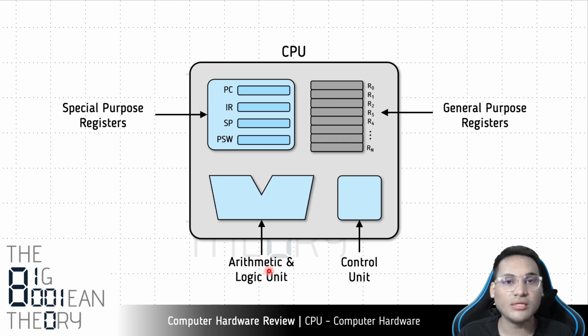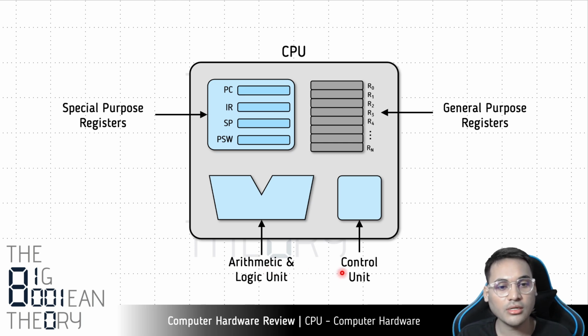That way could be an arithmetic operation like addition, subtraction, division, multiplication, or it could be a logic operation like and, or, not. So a lot of operations in these instructions are arithmetic and logical. This is the unit where those operations are performed, and it takes some operands and combines them to produce a new result. So this was about the ALU.